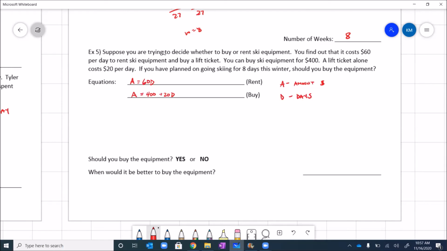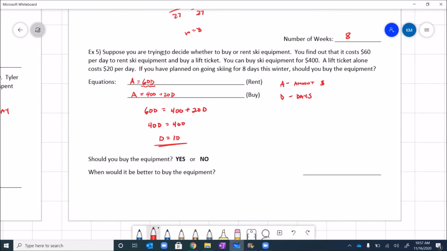So we could substitute, instead of using A in our second equation, we can use 60D. So we have 60D equals 400 plus 20D. Subtract 20D from both sides, and we get 40D equals 400. Divide by 40, D equals 10.